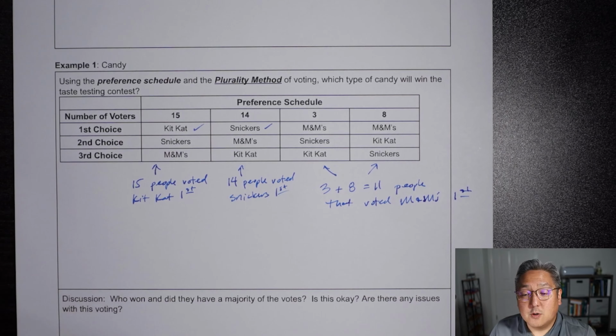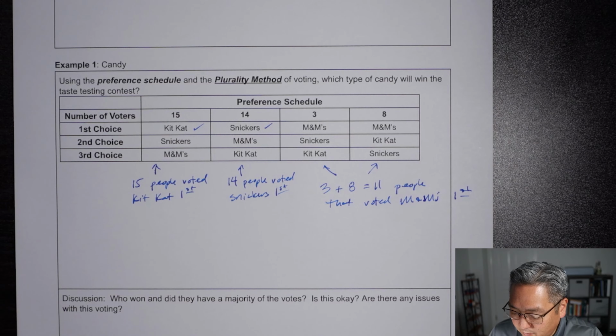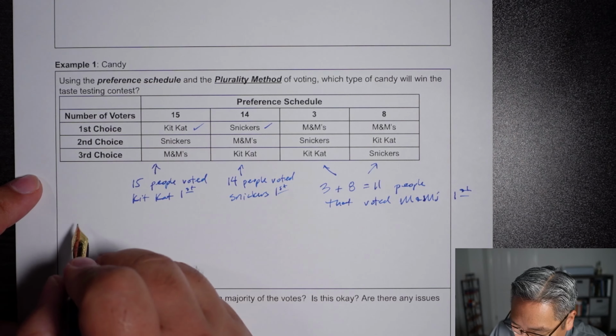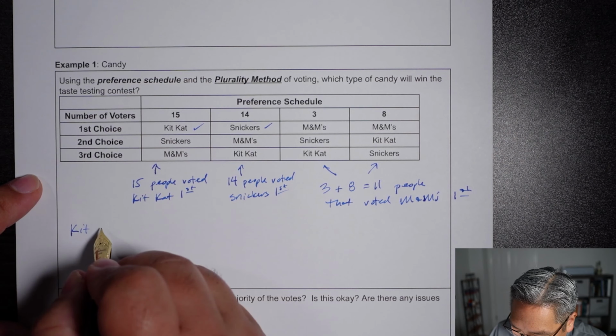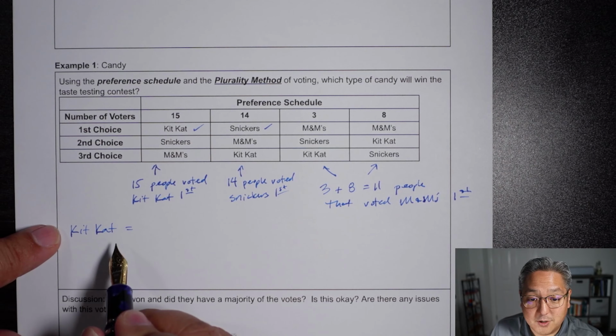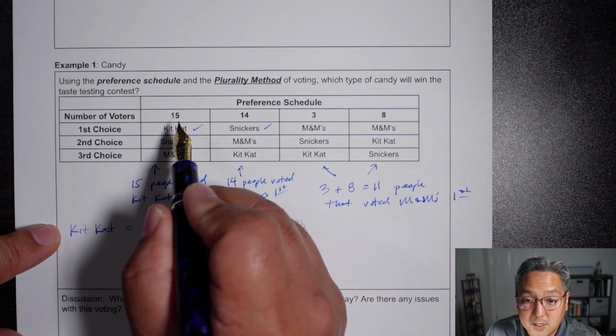Okay, so who actually wins this? It's whoever has the most votes. Now, normally what I would do here is write this out, counting first place votes. Here's Kit Kat first place, 15.